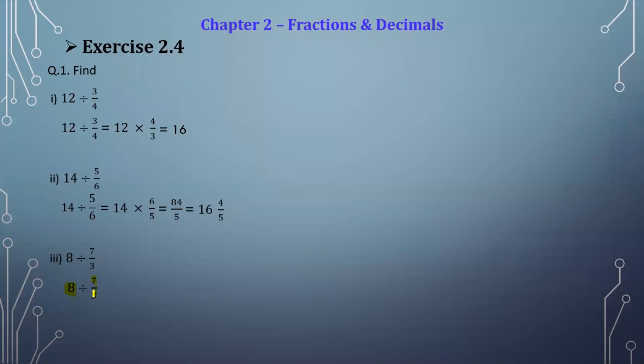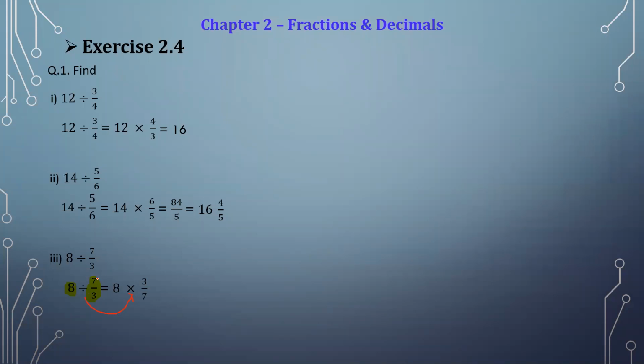And you have to take the reciprocal of the second number. And after taking the reciprocal, change the division sign into a multiplication sign. So that is very important. So here the reciprocal of 7 upon 3 is going to be 3 upon 7. Again, how to find that reciprocal?